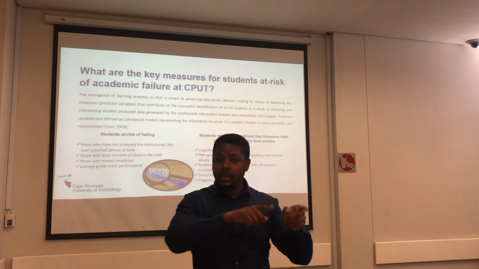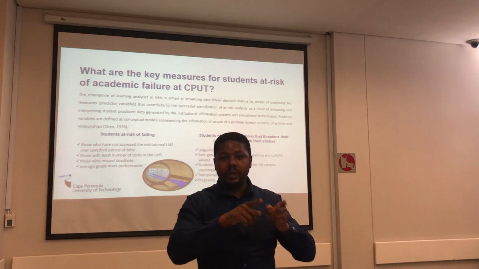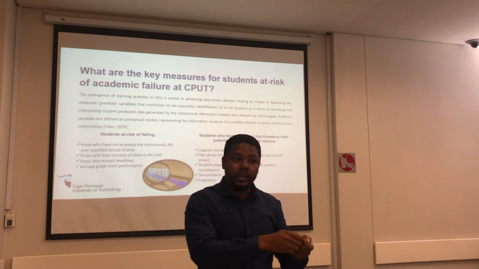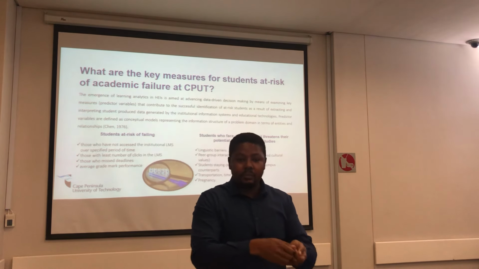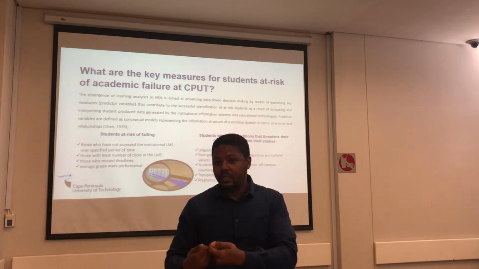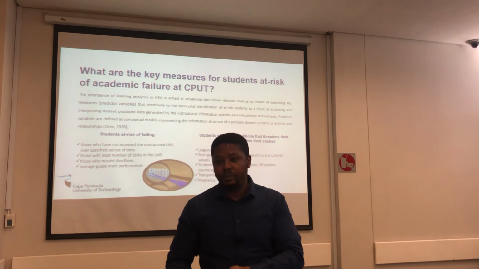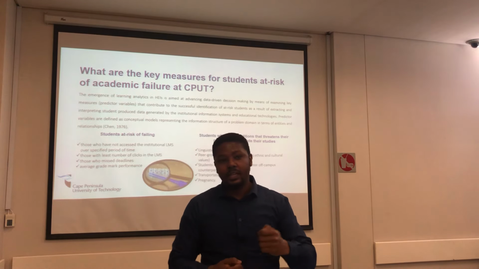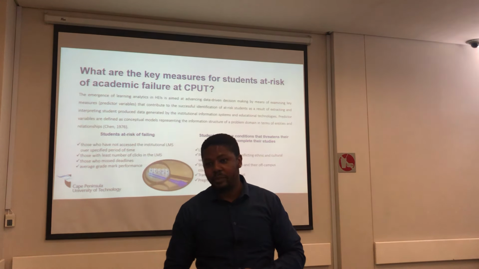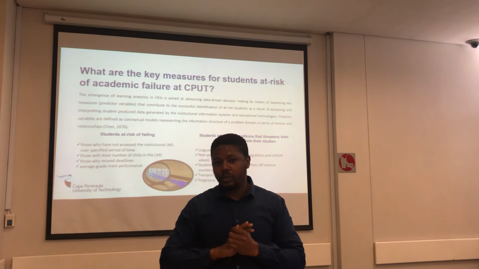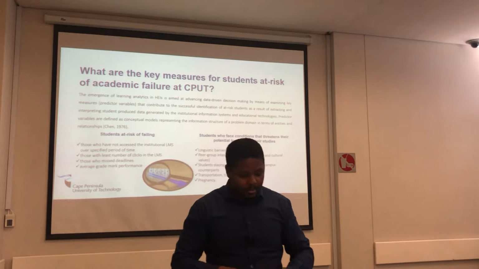So a student might be active on the LMS, but not performing. When you look at the grades, they're not performing. But a student can be inactive on the LMS, but somehow the student is progressing, is performing. A student may be inactive and not performing, but we cannot assume that being inactive is the reason why he's not performing. So those are the four quadrants that you need to focus on when you try to identify students at risk.